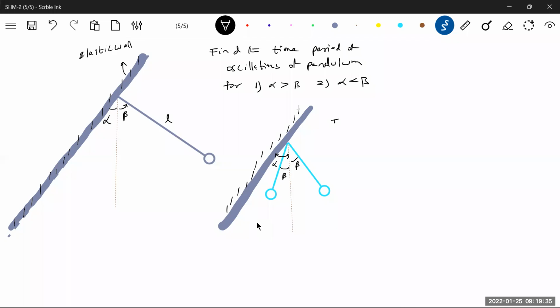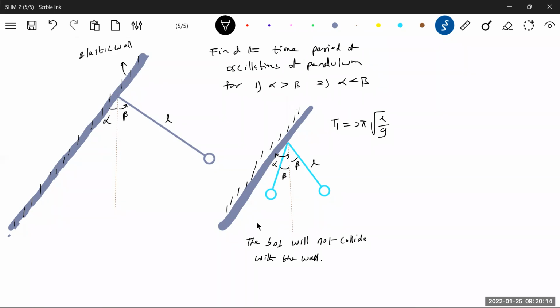So what is the time period of the pendulum? In this case, it will be 2 pi under root of L by G. The bob will not collide with the wall, so the time period of oscillation will be 2 pi under root of L by G. This is the first case.